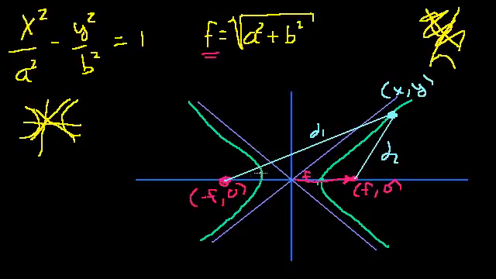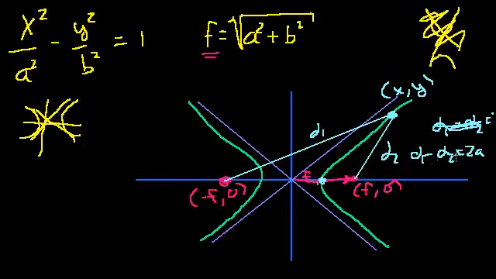And we learned in the last video that it's 2a. So d1 minus d2 is equal to 2a.